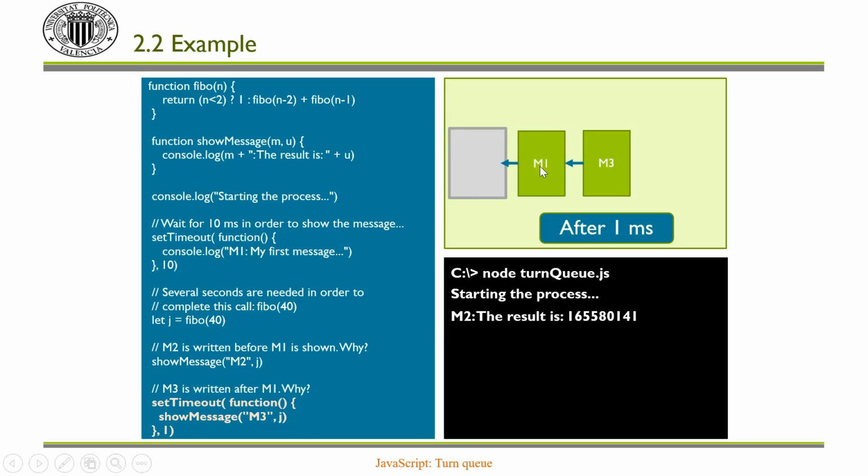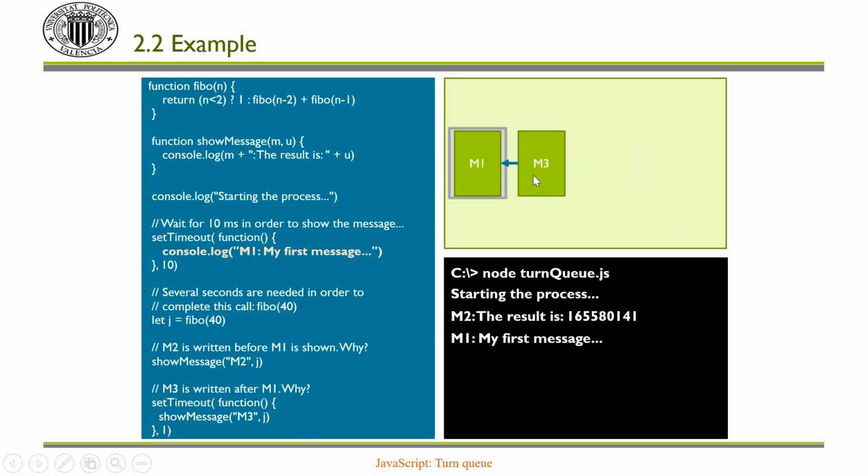Now we have this callback as the first element in the turn queue. As a result of this, we may see this third message on screen. That was this one, that indeed was found in the second place in our execution, but it was placed in the turn queue at that moment.